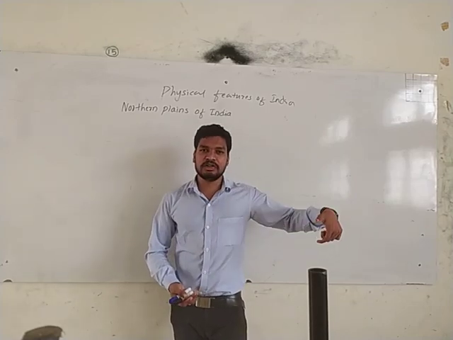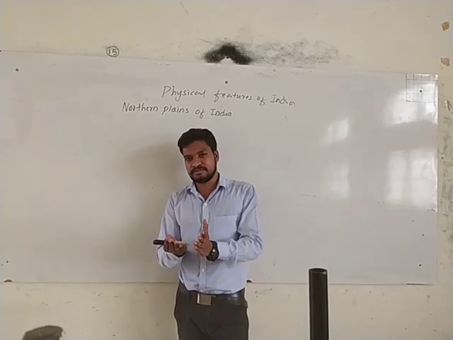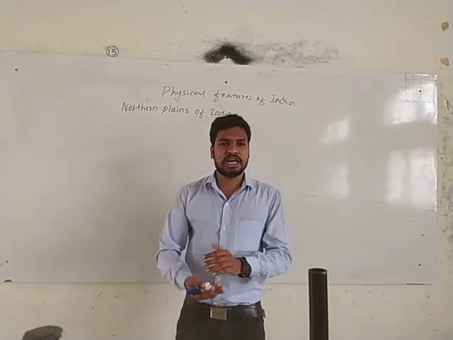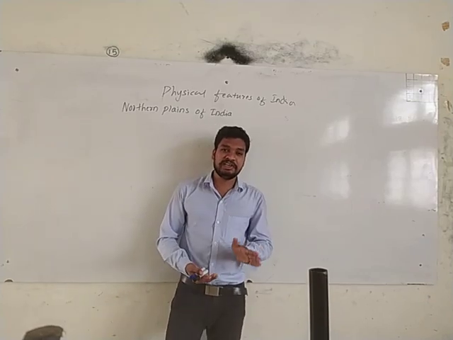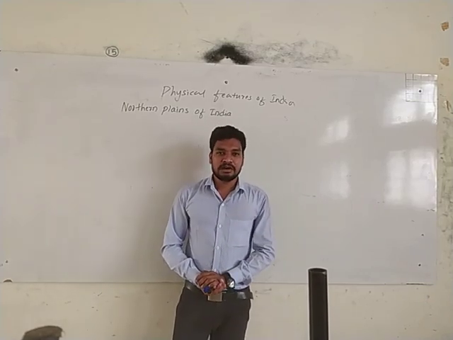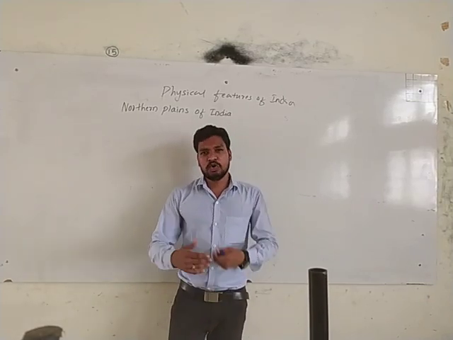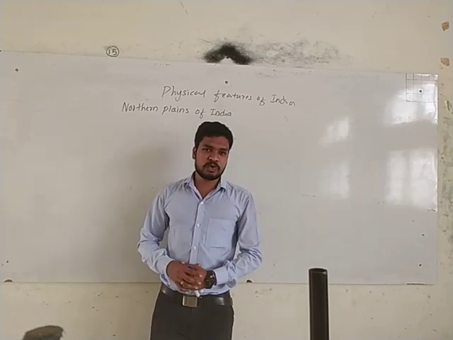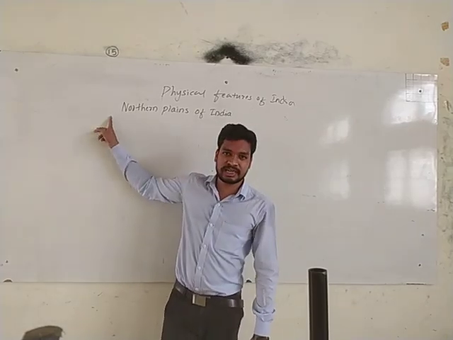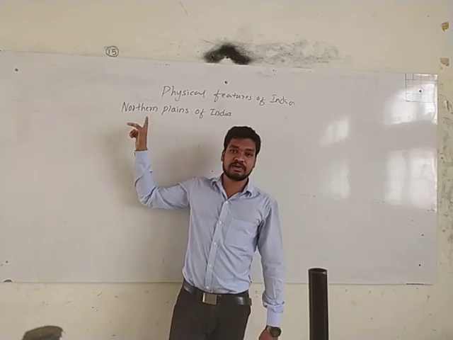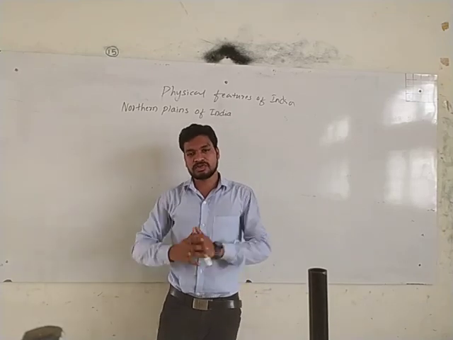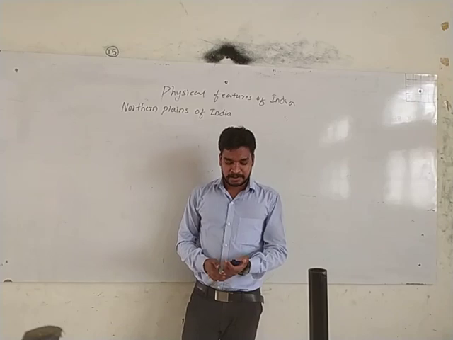Only half or a little more than half of the Himalayan mountain ranges belongs to India, not everything. So it doesn't cover more land than this northern plain. That's why we call it the Great Northern Plain, because it covers most of our Indian landmass.